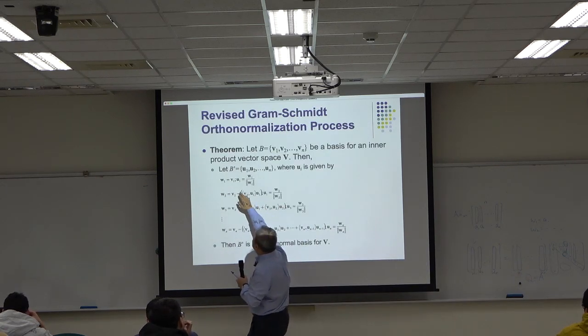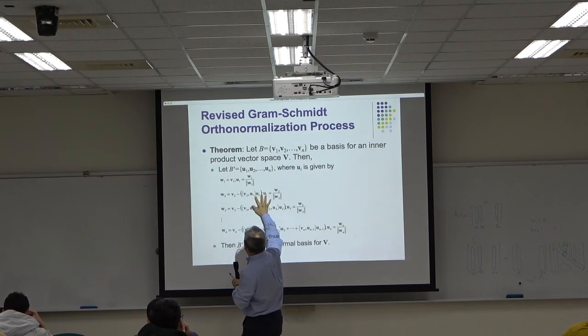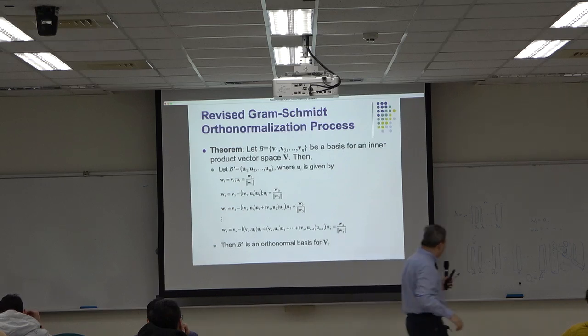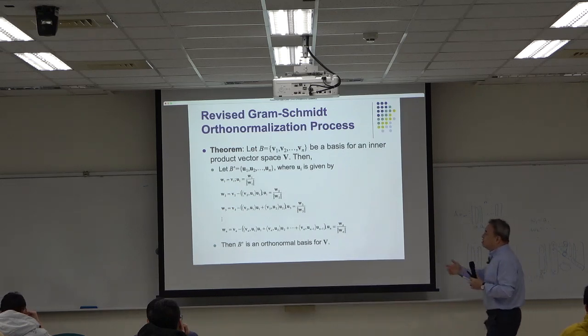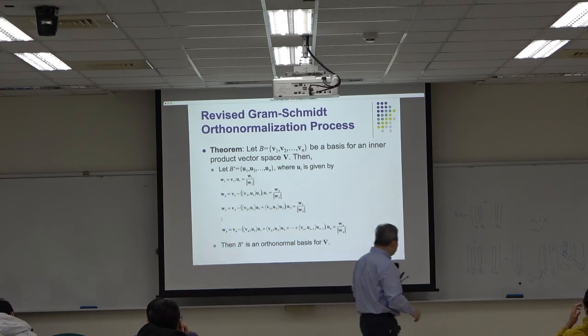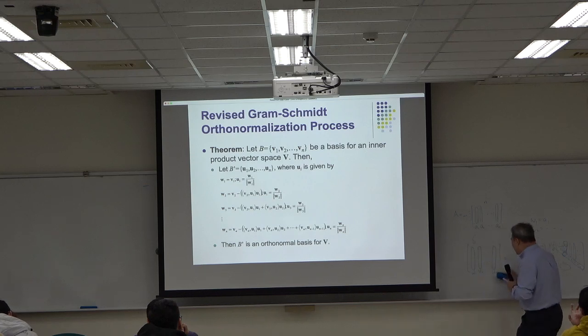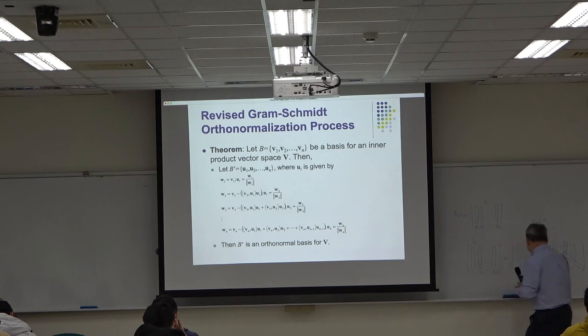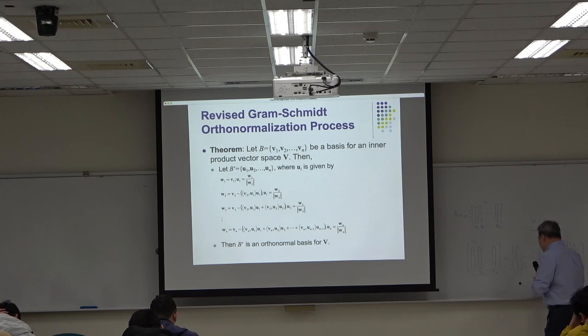V1 is W1. For V2, we need to move this part to the other side. So, my bad. But still, the basic idea remains the same. The only difference is that we are changing this one to A1, A2, AN, and we are changing this one to W1, WN.